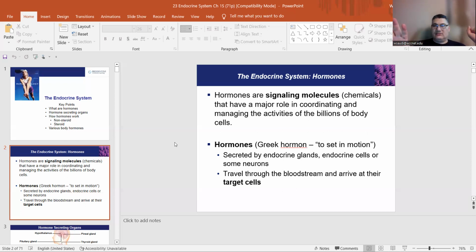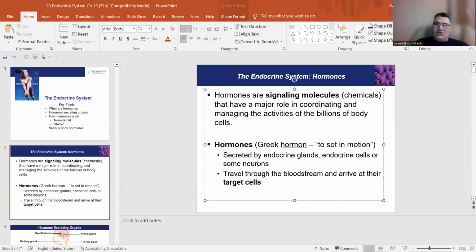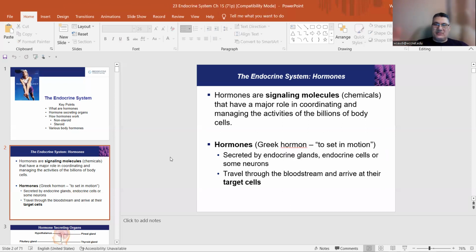So there are organs that are endocrine organs. We will discuss it. Okay, like the hypothalamus, like the pituitary gland. This is just an endocrine organ, and that's it. The job is endocrine, make hormones, that's it. But there are other organs that, besides doing their job, as a side job contain some cells to secrete some hormones. Some neurons also secrete hormones, but we're not going to go much into that.